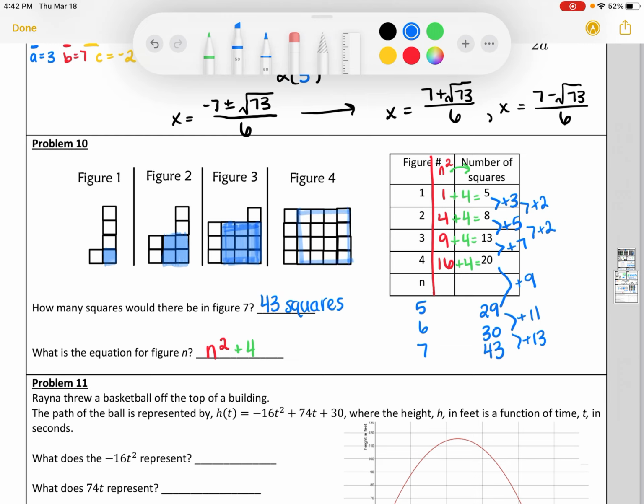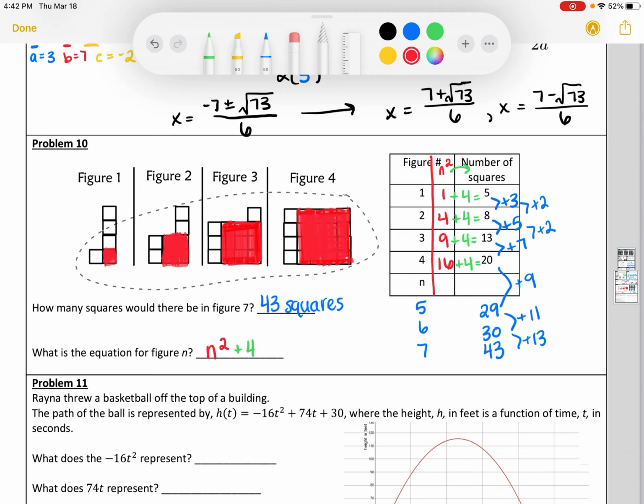So if you can go into each figure and find the perfect squares, so 1 by 1, 2 by 2, 3 by 3, 4 by 4, see what else is going on. I see that every single, maybe I'll make this red to match my table. Yeah, and then every single one has an extra 4 squares.